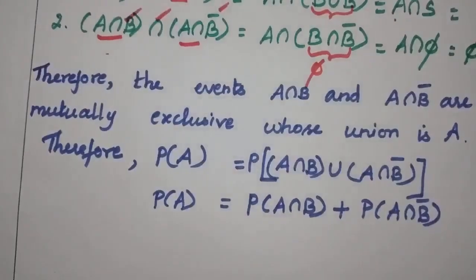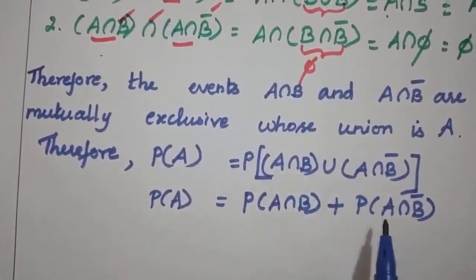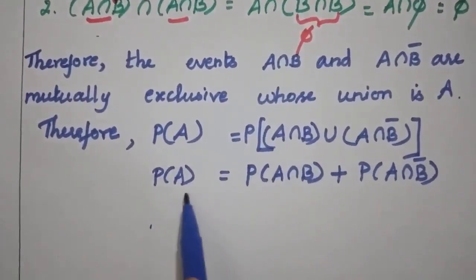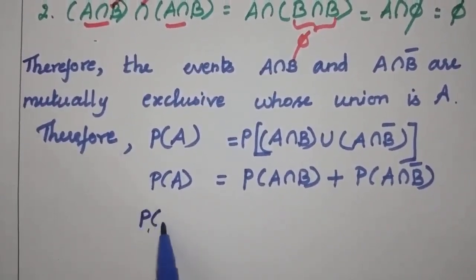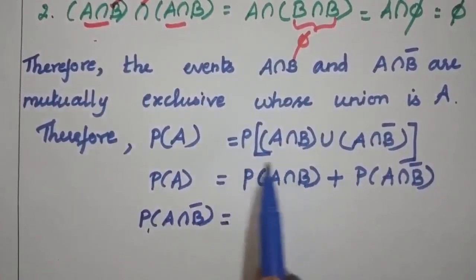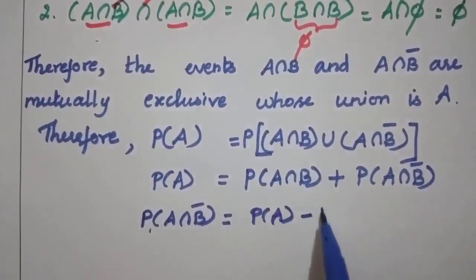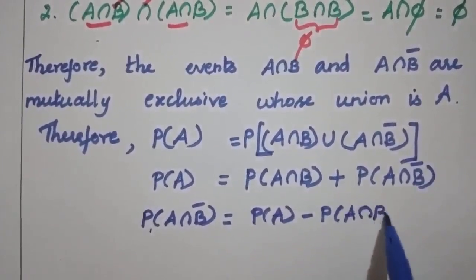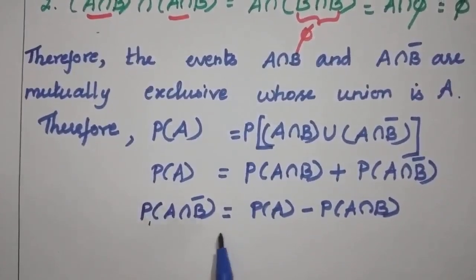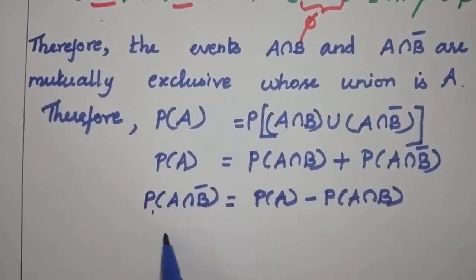Similarly, these two are mutually exclusive events, so its probability value is equal to the sum of the individual probabilities of the events. So from this we can write P of A intersection B dash, moving P of A intersection B to the other side, is equal to P of A minus P of A intersection B. Hence, we have proved that P of A intersection B dash is equal to P of A minus P of A intersection B. Hence, proved.